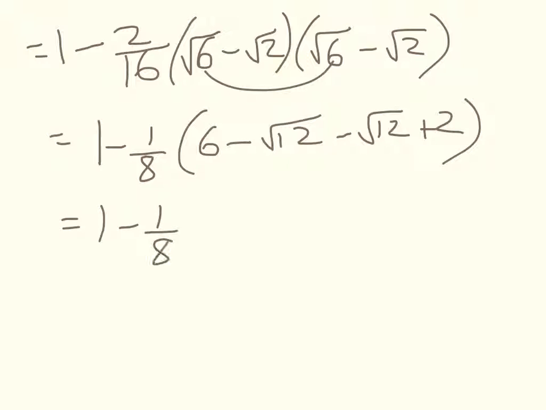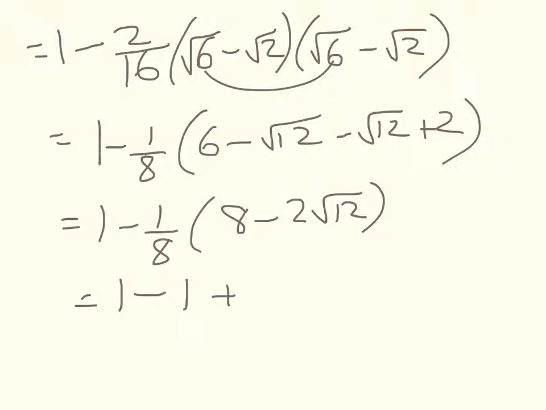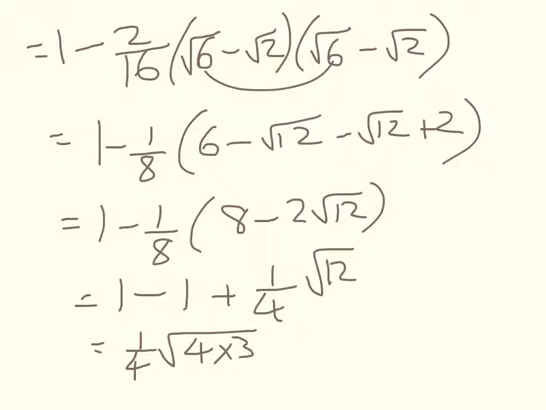So that's 1 minus 1/8 of 8 minus 2 root 12, which works out to be 1 minus 1 plus 1/4 root 12, which is 1/4 of the square root of 4 times 3. Many of you won't need to have this step in here, but some of you still will. So 1/4 of the square root of 4 times 3 is equal to 2/4 root 3, which is root 3 on 2.